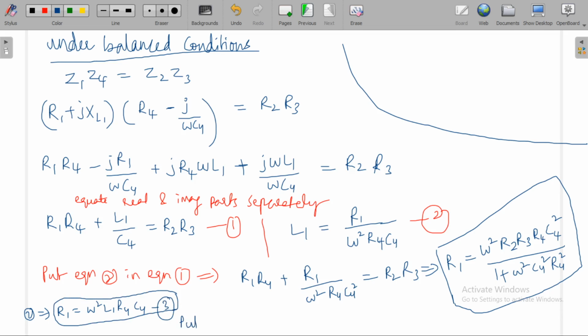Put equation 3 in equation 1, you are going to get L1 is equal to R2 R3 C4 by 1 plus omega square C4 square R4 square. After solving these two equations, you are going to get R1 and L1 like this.